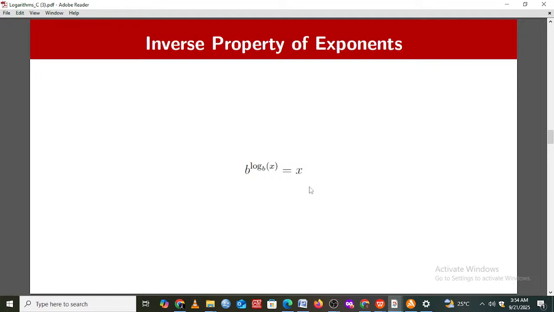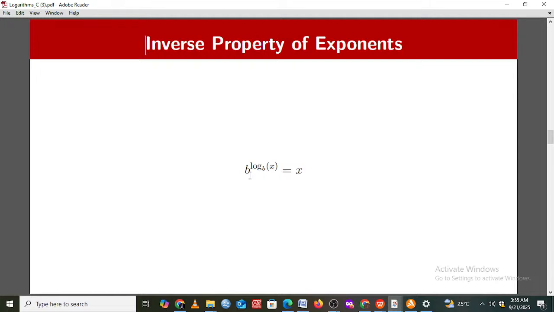This one is explaining that when a number is raised to a log, and the number that serves as the base and the base of the logarithm are equal, the result is always just the number inside the log.